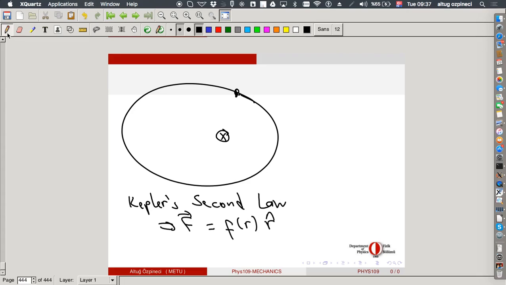So already from Kepler's second law, Newton could conclude that whatever this force is that causes the planets to orbit the sun, it has to be in the radial direction. It's accelerating towards the sun, so it has to be radially inward. But it cannot be pointing in any other direction. So that is one conclusion that Newton could draw because of the work of Kepler.